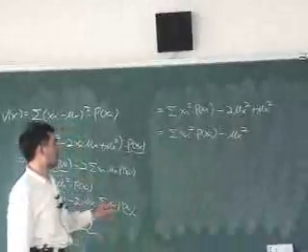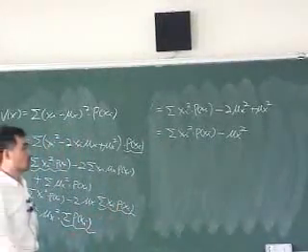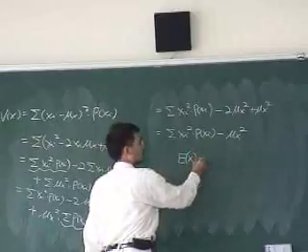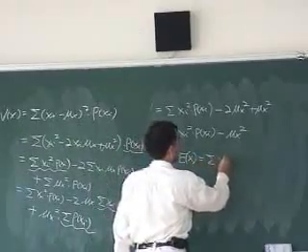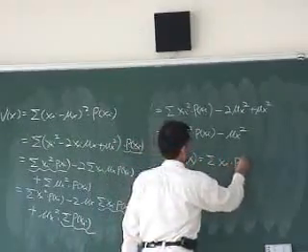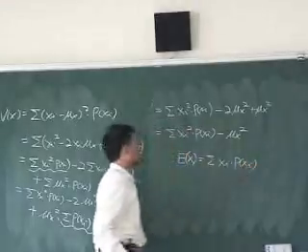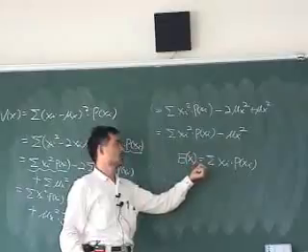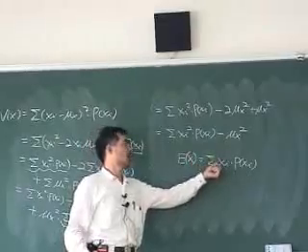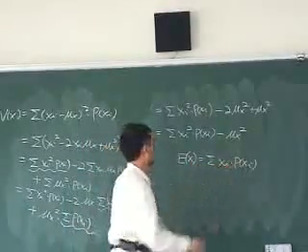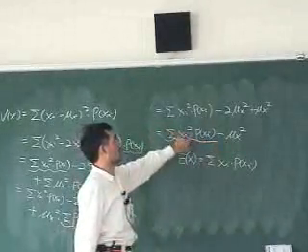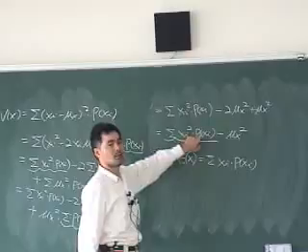This is very important here. We say the expectation of x is equal to the summation of xi times pxi, right? And what is this? This is the summation of xi squared times pxi.